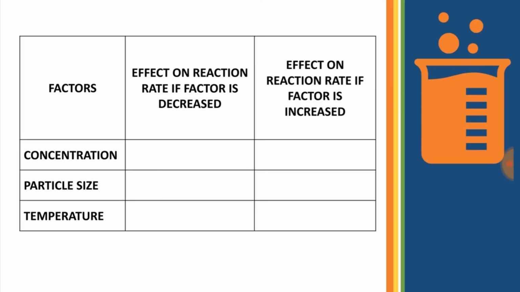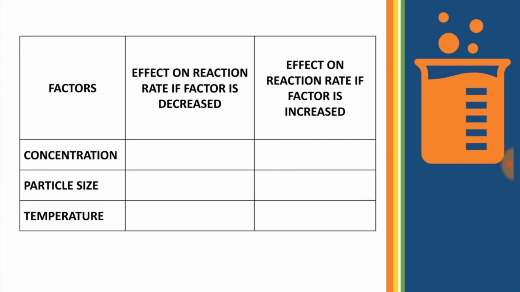In the first column, we have the factors: concentration, particle size, and temperature. On the second column, we have the effect on reaction rate if factor is decreased. And in the last column, we have the effect on reaction rate if factor is increased.